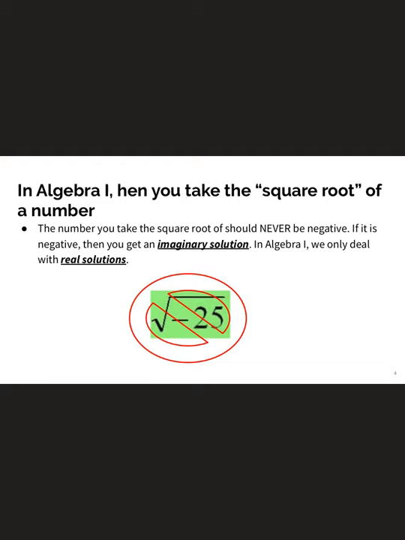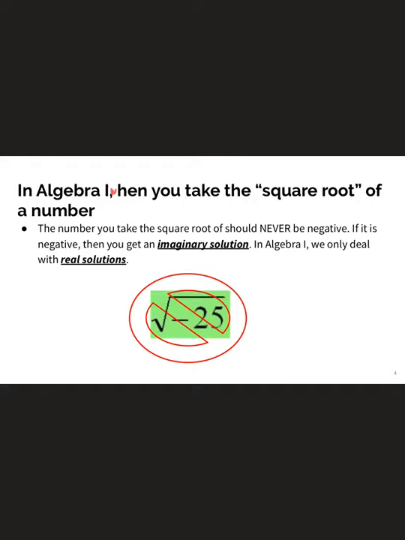So something that's important to note is that in Algebra 1, you should never be taking the square root of a negative number. And this changes in future math classes, maybe more complicated math classes where you can deal with complex numbers. But for the most part in Algebra 1, you don't deal with imaginary numbers, right? When you take the square root of a negative number, you end up getting an imaginary solution. So in Algebra 1, we only deal with real solutions.